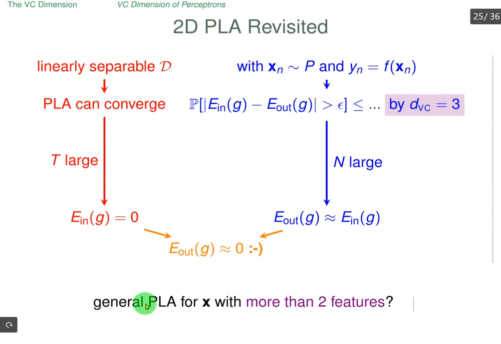What about general PLA in 3 dimensions or in higher dimensions with more than 2 features? What about their VC dimension? We can still find the VC dimension of a perceptron learning algorithm or any other hypothesis set generally.